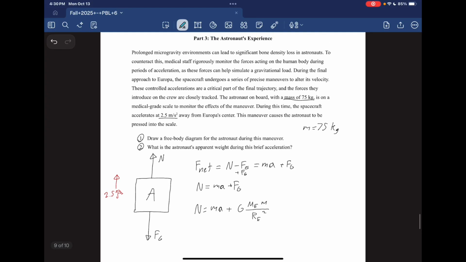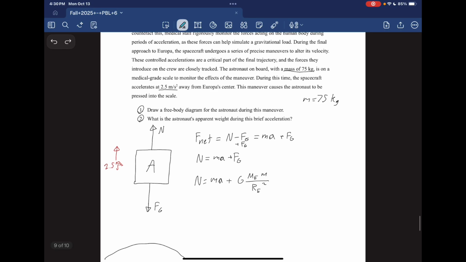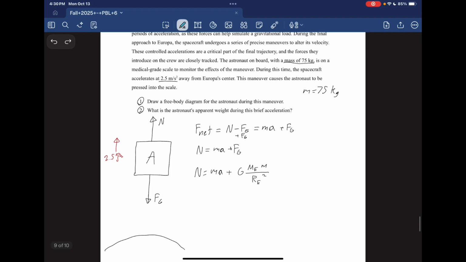We'll say that in this case, since it's approaching Europa, it's right up by the surface. So the radius is roughly equal to the radius of Europa again.